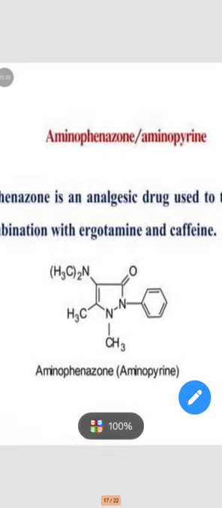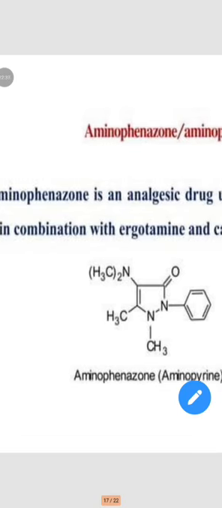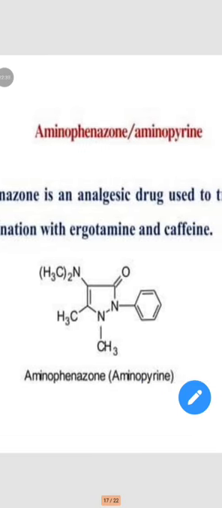The second use is aminophenazone or aminopyrin.